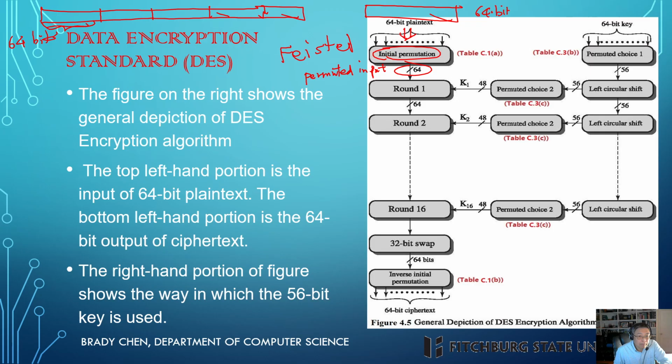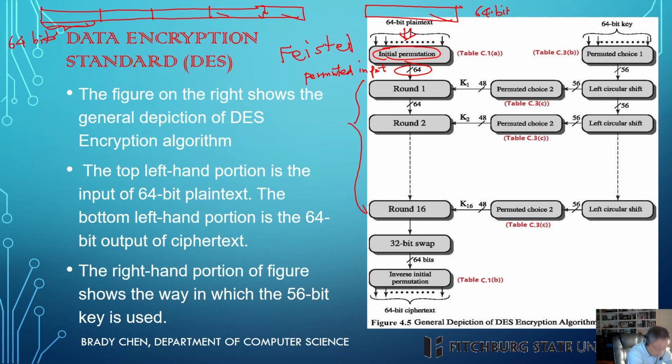Then this is followed by a phase consisting of 16 rounds of the same function. Round 1, round 2, up to round 16 use the same function. Each function involves both permutation and substitution.